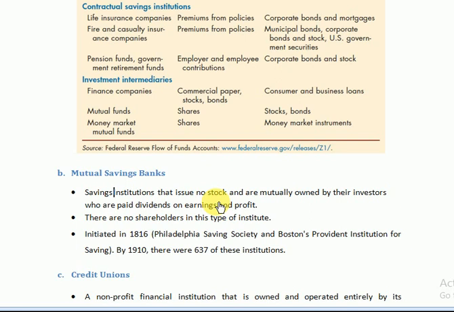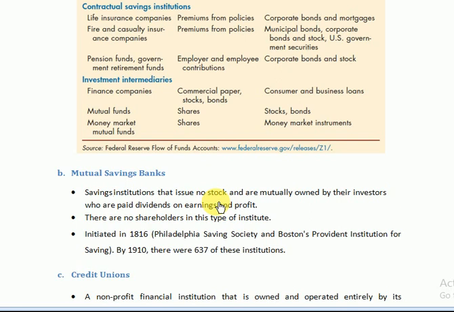In the past, these institutions were constrained in their activities and mostly made mortgage loans for residential housing. Means they make their investment in the shape of mortgage loans. When they generate funds by accepting deposits, they further channelize those funds in the shape of mortgage loans.